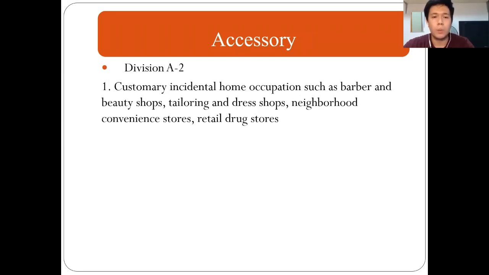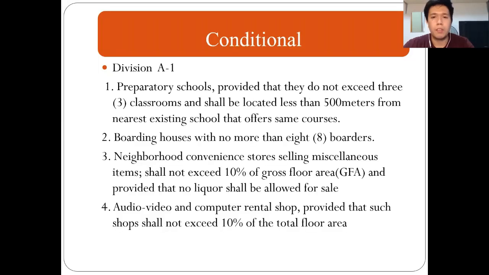For Division A2, customary incidental home occupations such as barbers and beauty shops, tailoring and dress shops, neighborhood convenience stores, retail drugstores. For the conditional uses, Division A1 includes preparatory schools provided that they do not exceed 3 classrooms and shall be located not less than 500 meters from the nearest existing schools that offer the same courses.